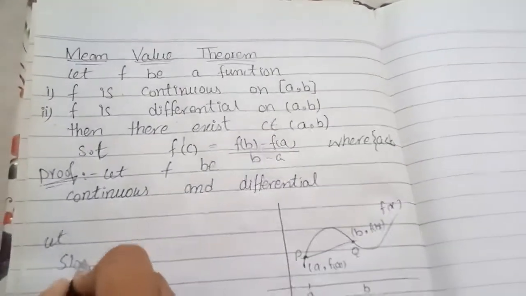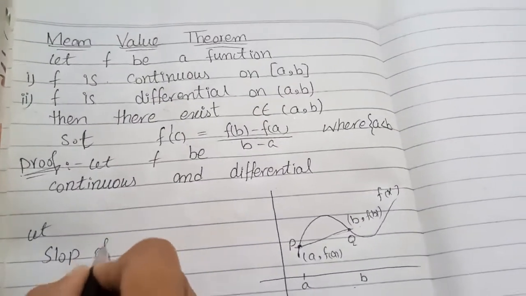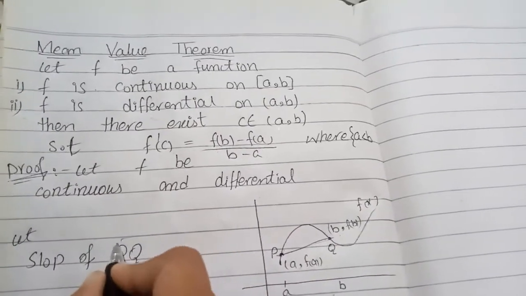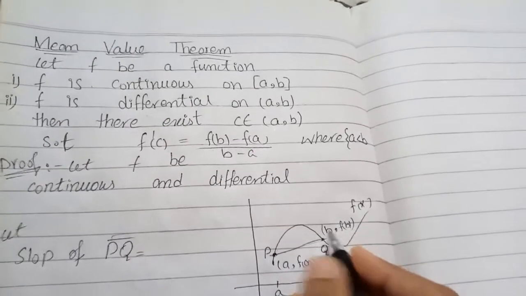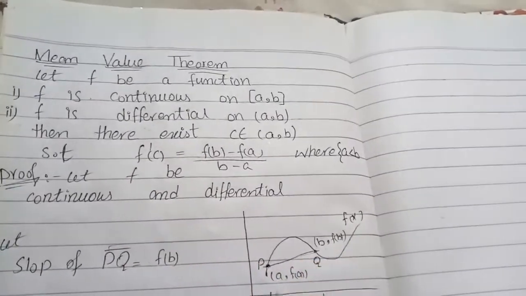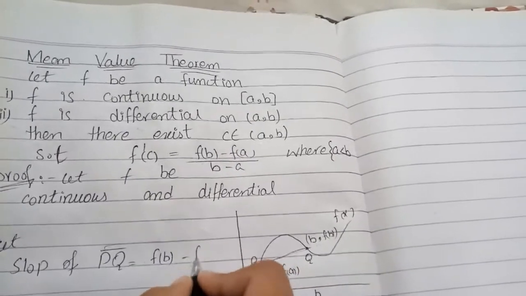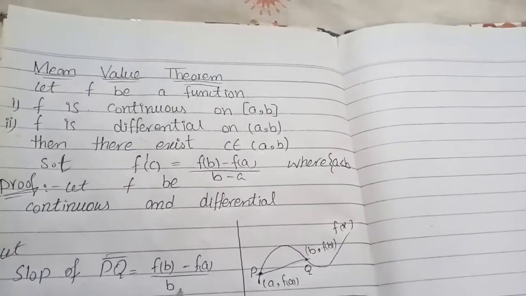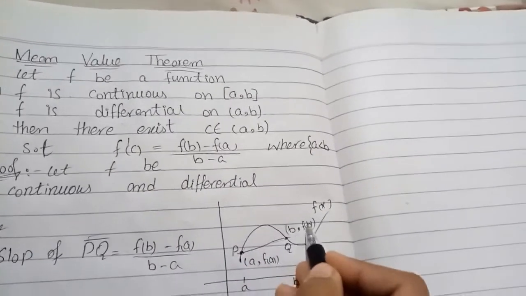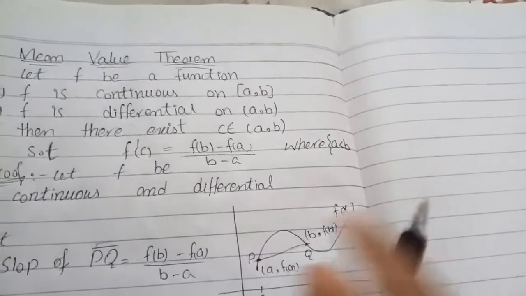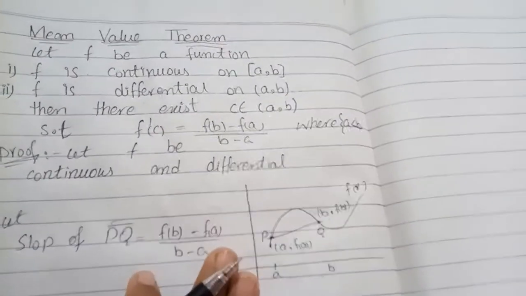According to these points, the slope is f of b minus f of a over b minus a, the difference of the y-axis values over the difference of the x-axis values.